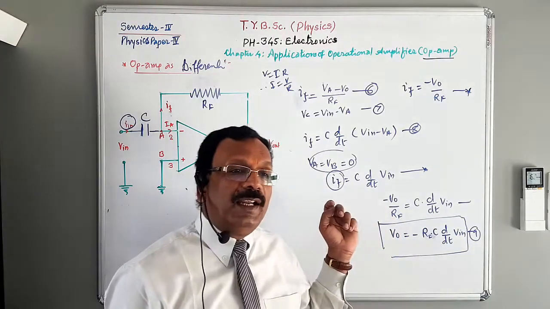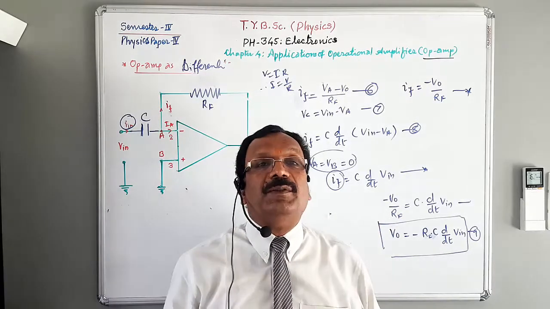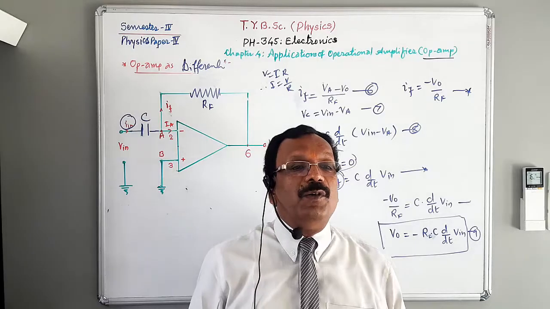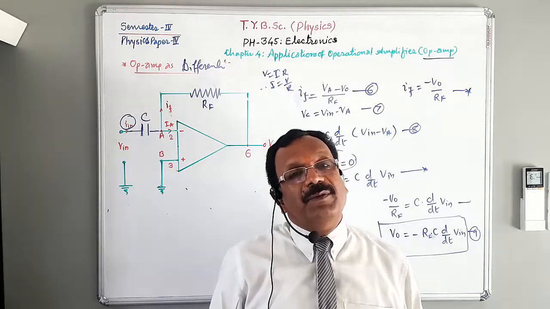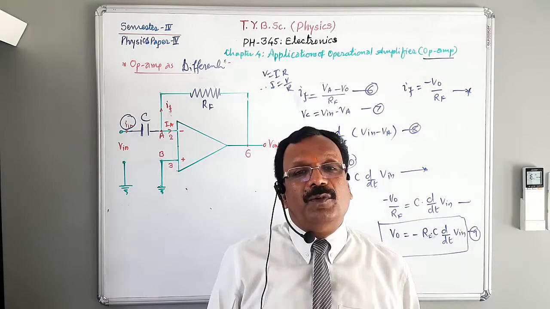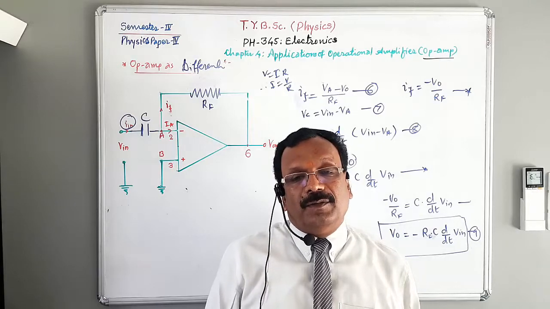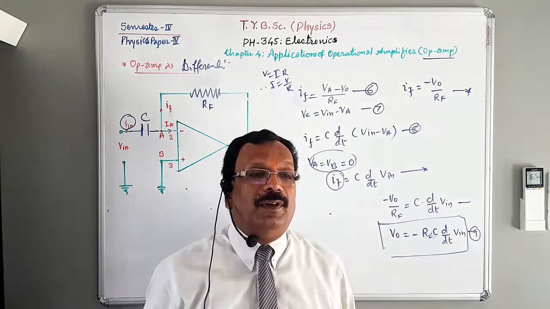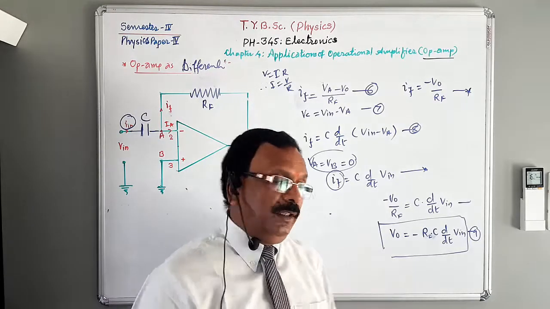So a cosine wave will produce a sine wave, and a triangular wave input will produce a square wave output.